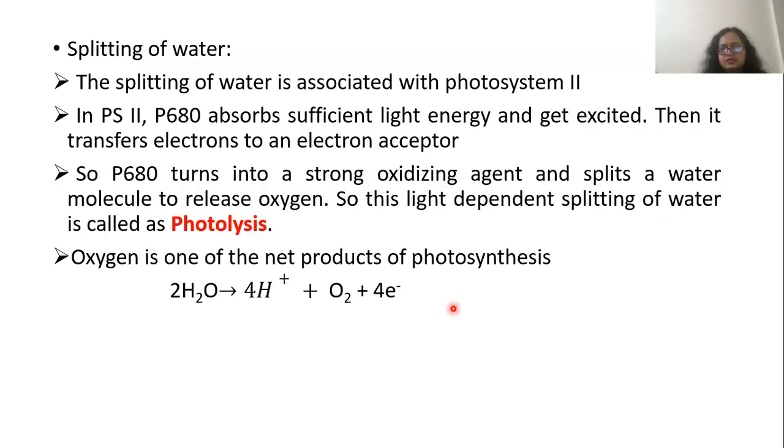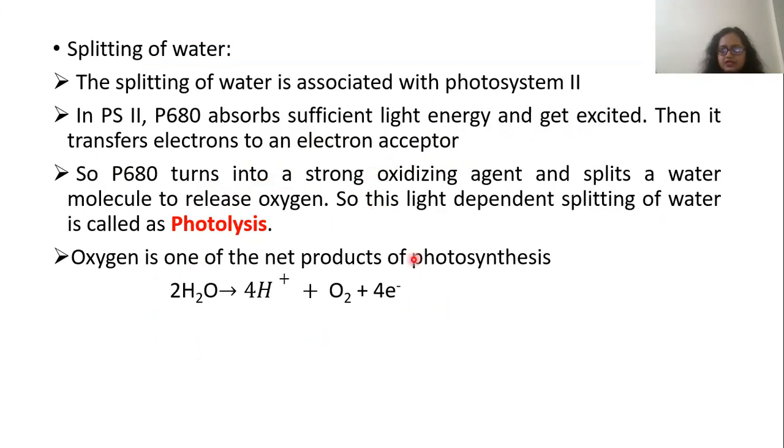Now, these are the steps. The splitting of water is associated with photosystem 2. In PS2, P680 absorbs sufficient light energy and gets excited. Then it transfers an electron to an electron acceptor. P680 turns into a strong oxidizing agent, hence it causes the splitting of water molecules to release oxygen. This light-dependent splitting of water is called photolysis of water.